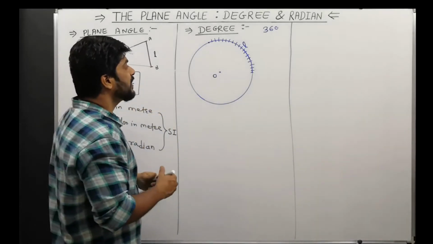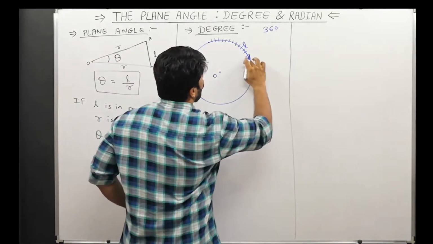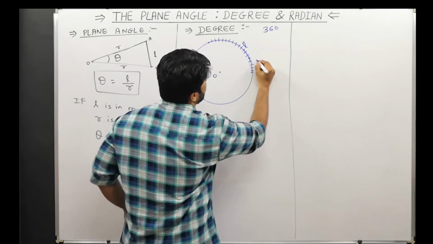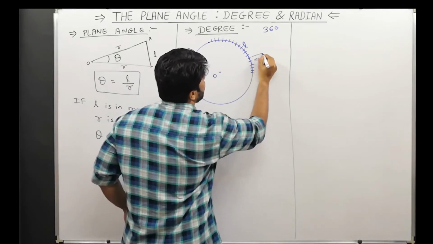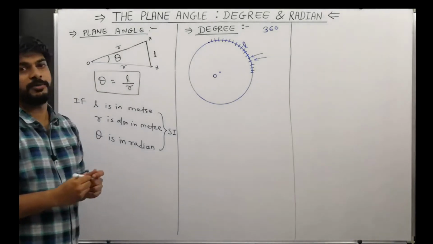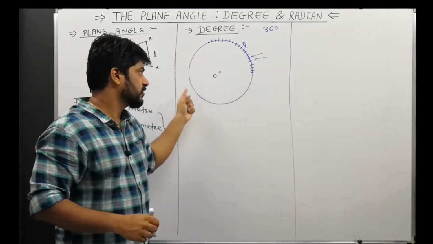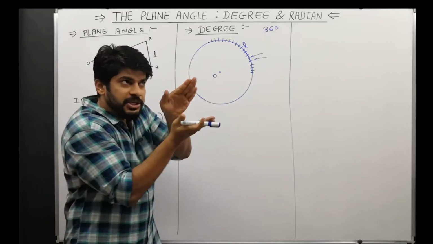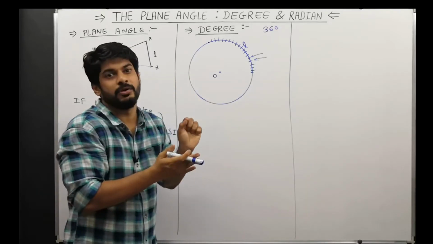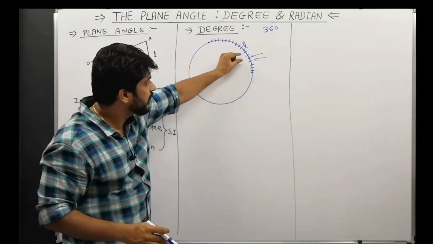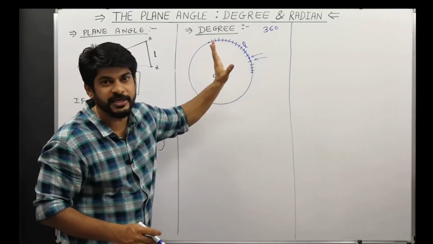Now let's assume one such small arc. For example, I choose this one right here, these 2 points. Basically, when we divide the circle into 360 parts, each part is going to be very small, but for representation purposes I have shown you a little bit bigger one.